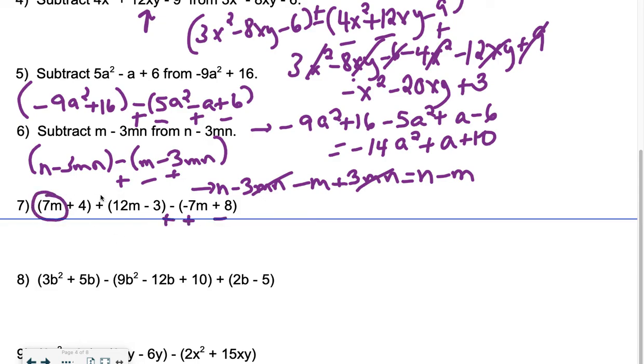So 7m plus 12m is 19m. 19m plus 7m is going to be 26m. So you could do it like that as well. And then 4 minus 3 is 1. 1 minus 8 is negative 7. You have to apply the new sign.